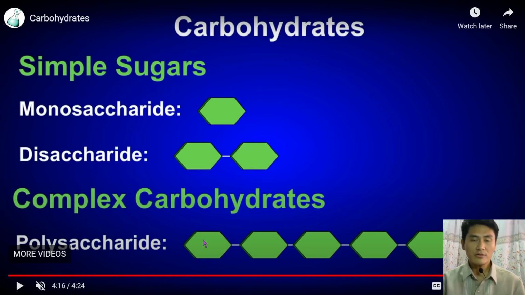And for structural, you can have cellulose for plants, chitin for insects and crustaceans, and peptidoglycan for bacteria. Okay, so that is all for this video.